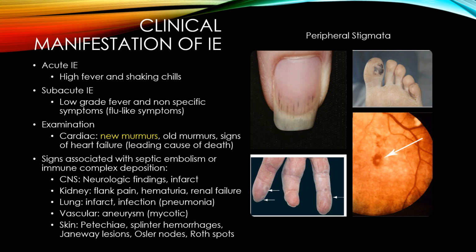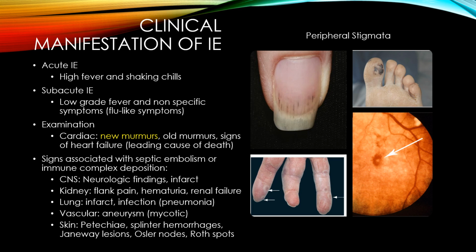Some other signs come with septic embolism. If some of this broke off and were to seed other organs, or if we were to get an immune complex deposition like that type 3 hypersensitivity I was referring to earlier: if it happens in the brain, things like stroke or infarct, and neurological findings could be quite diffuse depending on where.